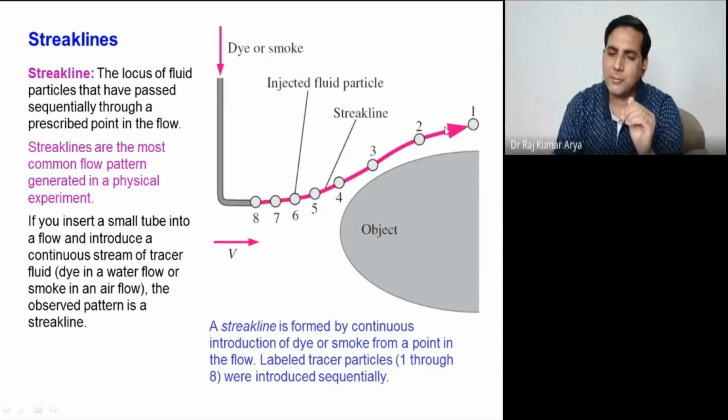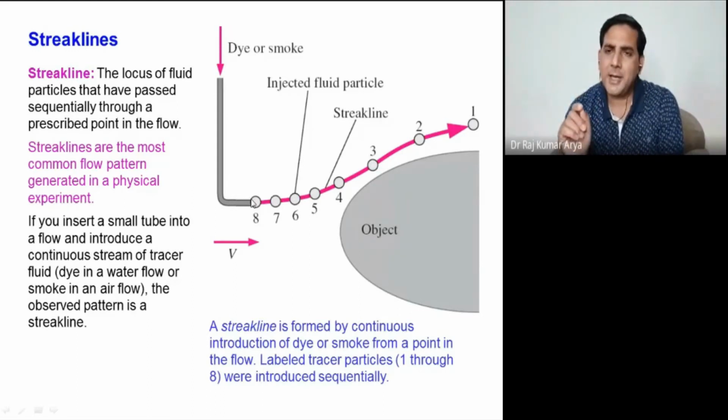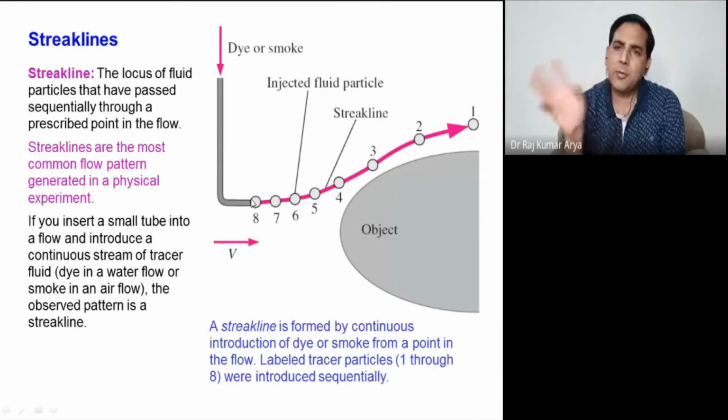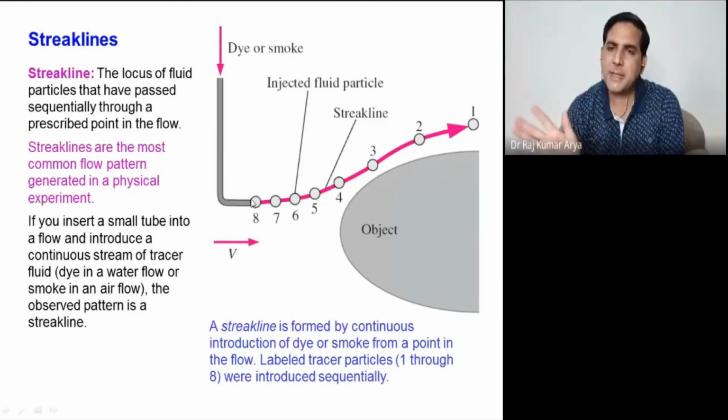So this way the particles 1, 2, 3, 4, 5, 6, 7, 8, just join them in the order they have passed, and this is called the streak line. Fine. So you have three things, streamline, streak line and path line. And in case of the streamline flow pattern, all three would be the same actually.